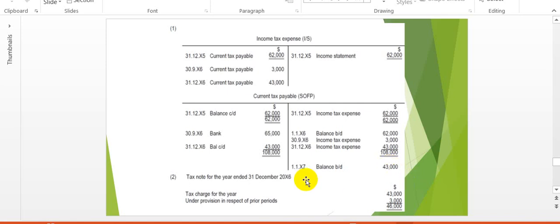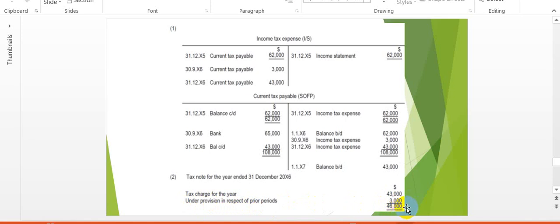So you have to put a note. So tax note for the tax year 20X6. The tax charge for that year is 43, which has not yet been paid, to be paid in 20X7. Then there's an under provision in respect of the prior period of 3,000 to give us 46,000.